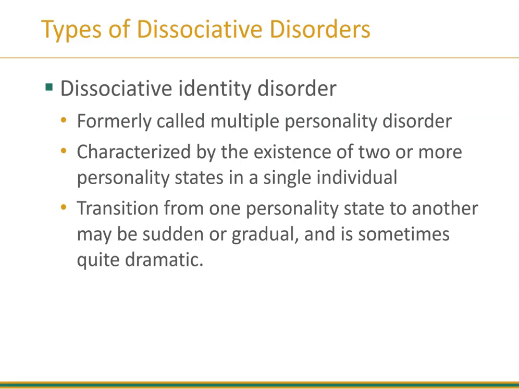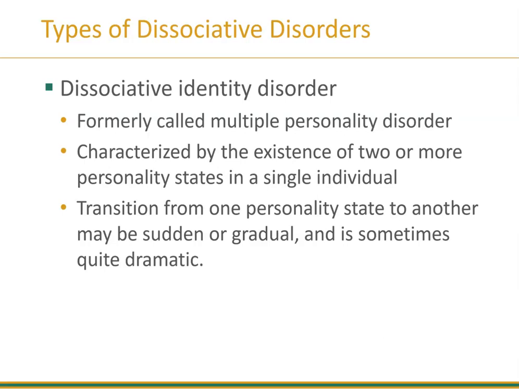Also, with dissociative identity disorder, the person will transition from one personality state to another. It may be sudden or gradual, and sometimes quite dramatic, in that if it's a child, they will assume the persona of a child and the sound of a child.